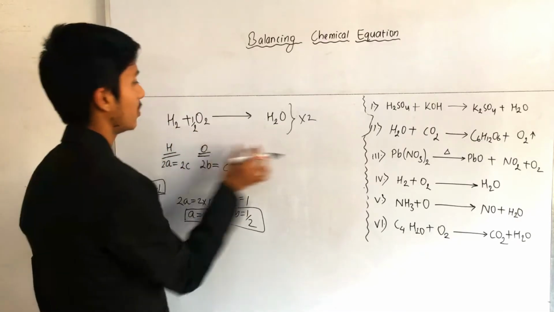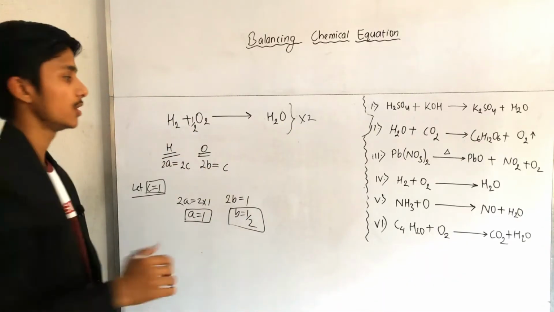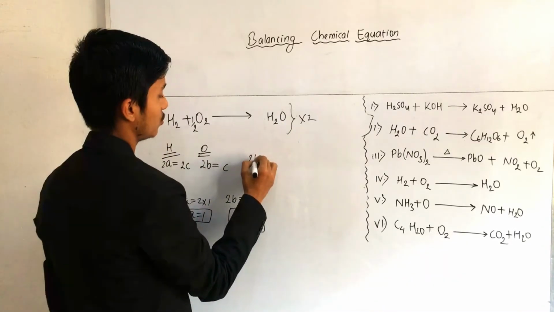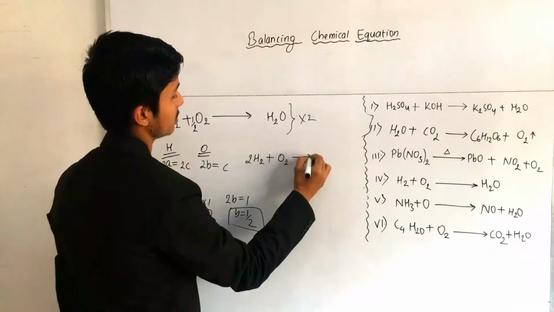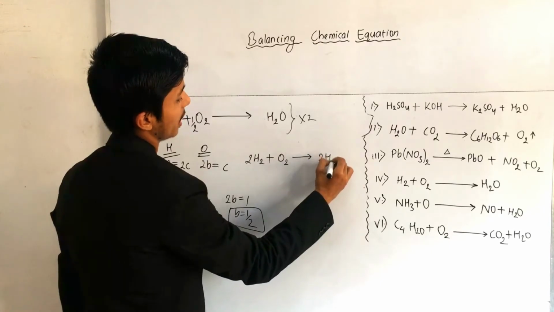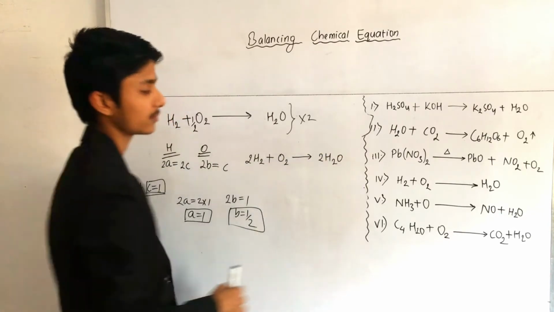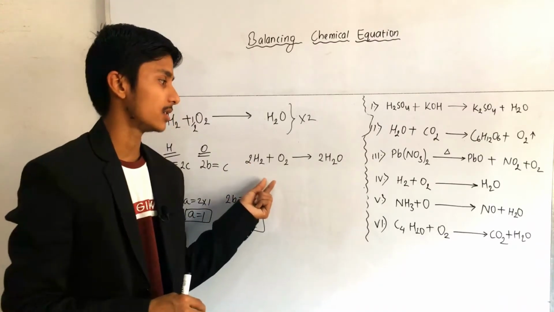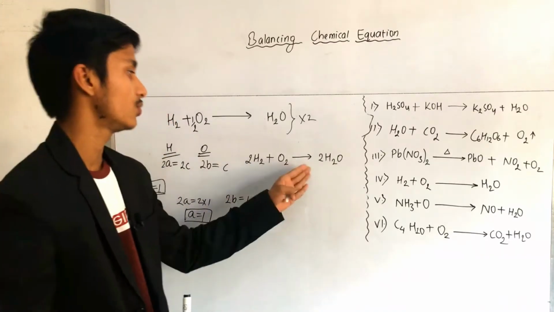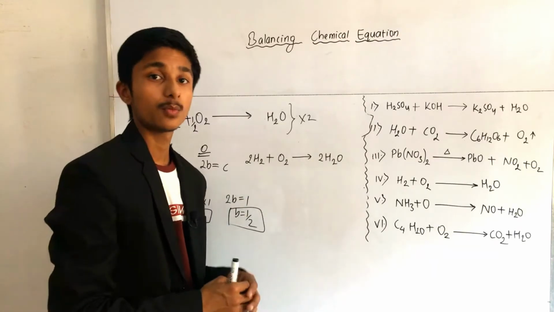So when we multiply this equation by 2, then we get here 2H2 plus O2 gives 2H2O. Now you can see the atoms on the reactant side are balanced with the atoms on the product side.